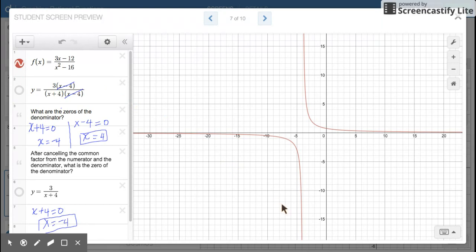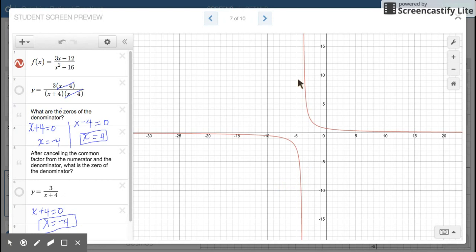All right, the graph of f of x is a hyperbola. There are two parts. There's this curve, one part, we call this a branch. Here's another branch. And this graph is discontinuous.